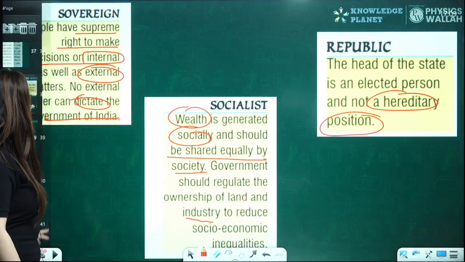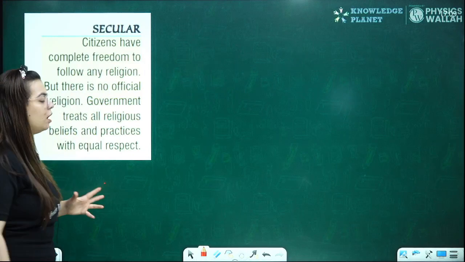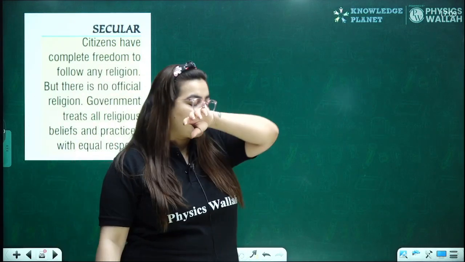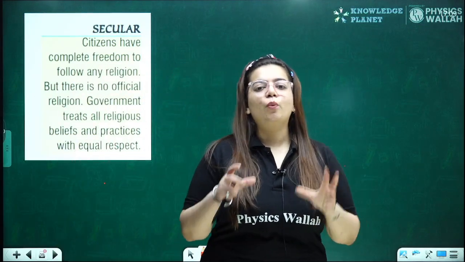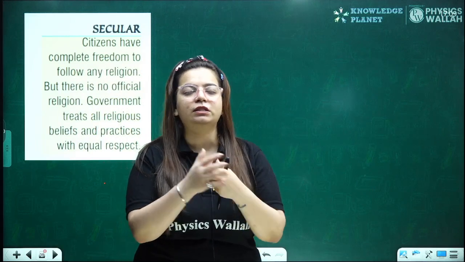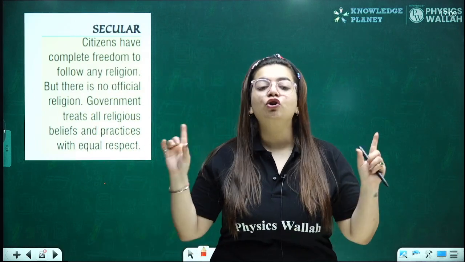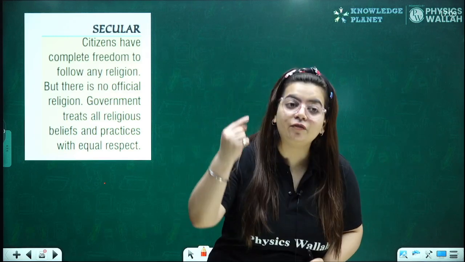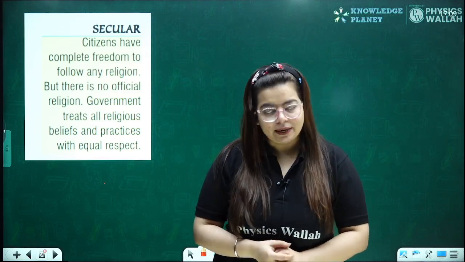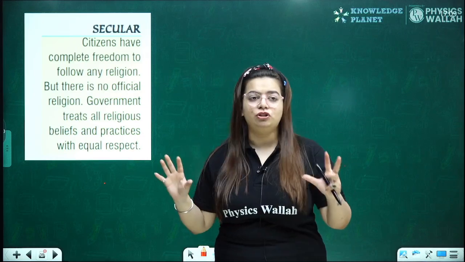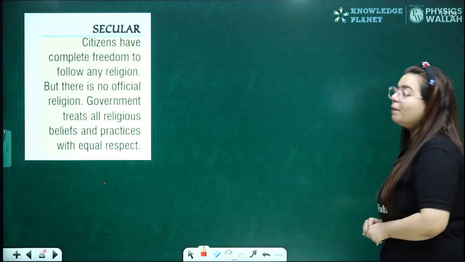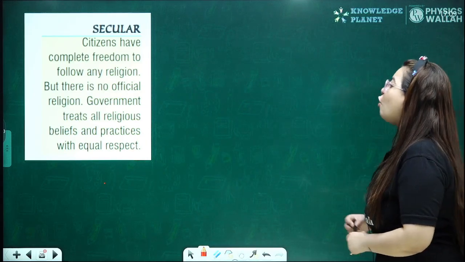Okay, next is the last one, secular, and secularism also comes from this point onwards, whereby there are so many religions in a particular country. Every religion has its own autonomy. Government will not intervene in any religion. So secularism means citizens have complete freedom to follow any religion.